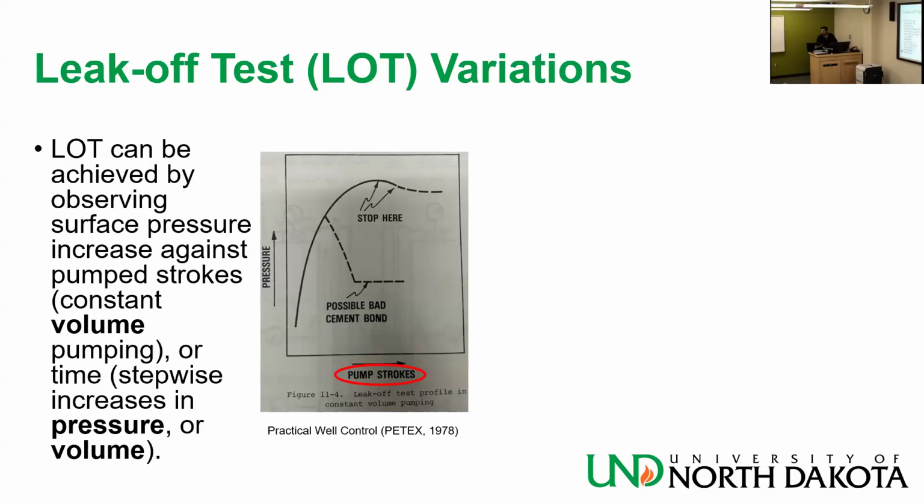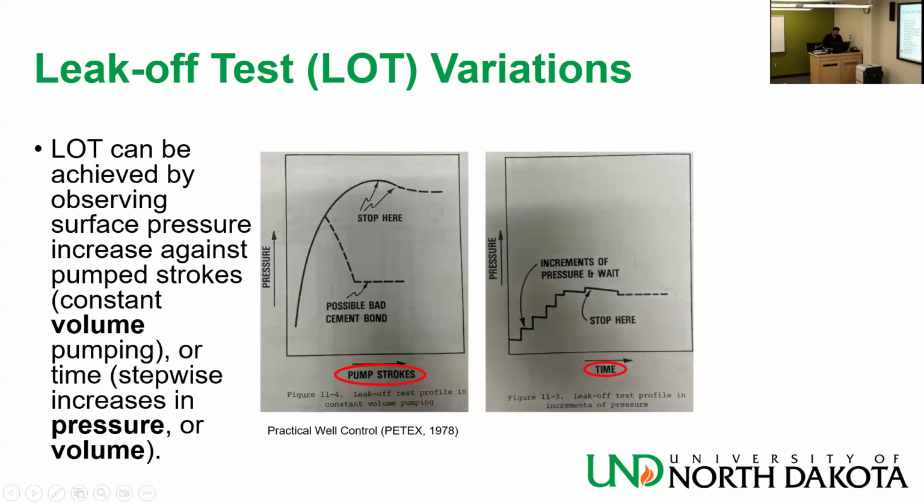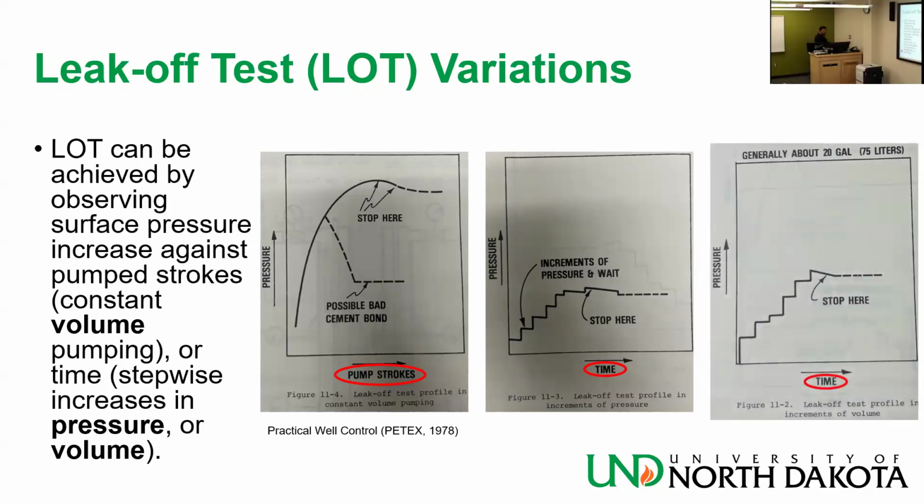Once the pressure stops increasing, that's where you get the leak-off. You can do it in increments in terms of time, and then you're going to see those steps. And when the steps lead to lower pressure, when you start losing pressure from the well, that's when the leak-off happens.